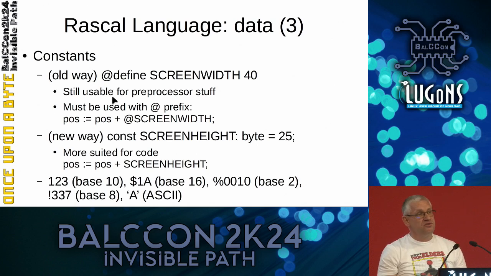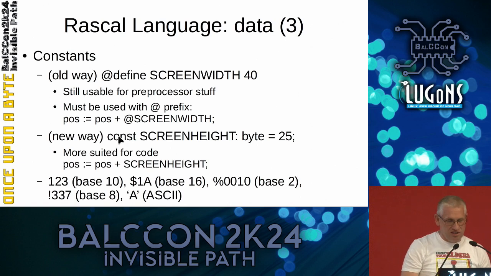You use it for preprocessor, and something that was added later to the language, we have const, and the syntax is more or less the same as you would expect. Regarding literals, base 10, base 16, base 2, base 8, and of course characters or ASCII.